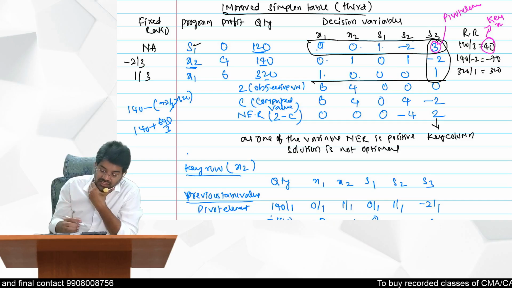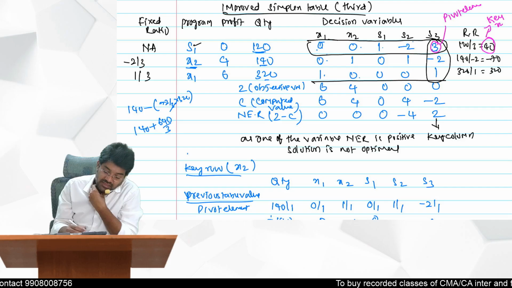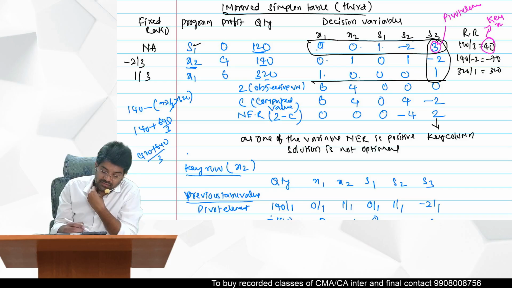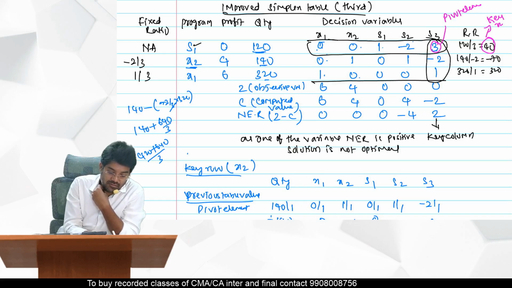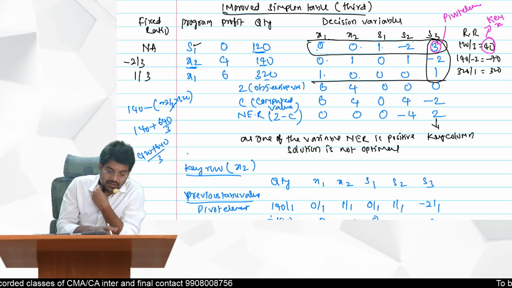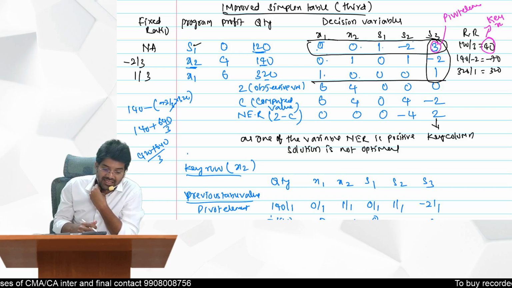So what is the fractional value? You take the LCM, which will be 3. 420 plus 640 divided by 3 gives 353.33.